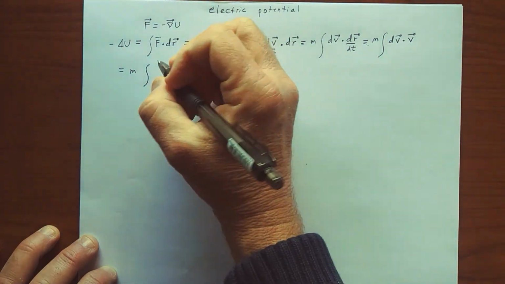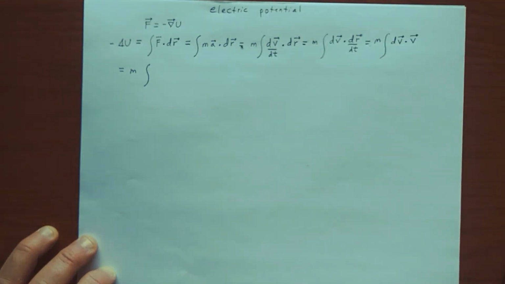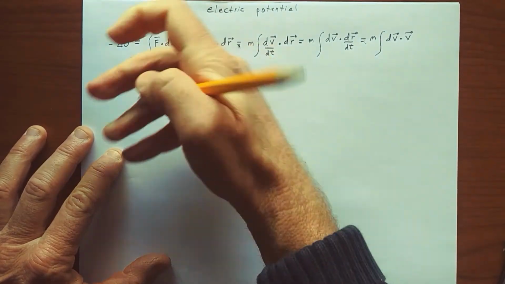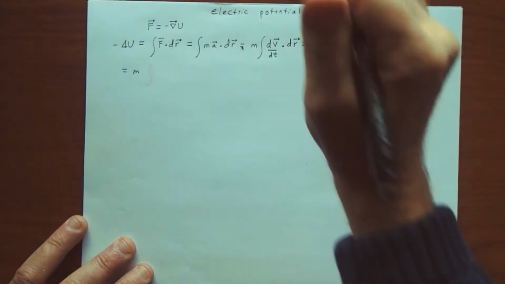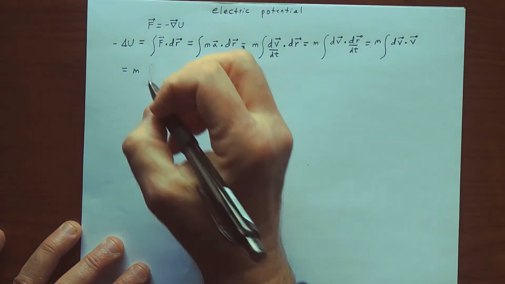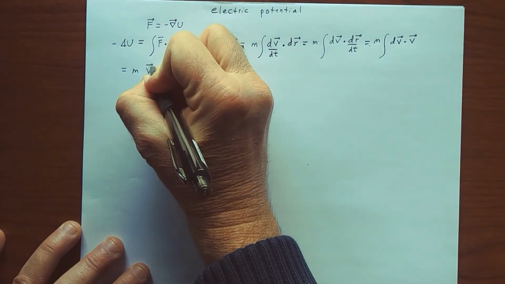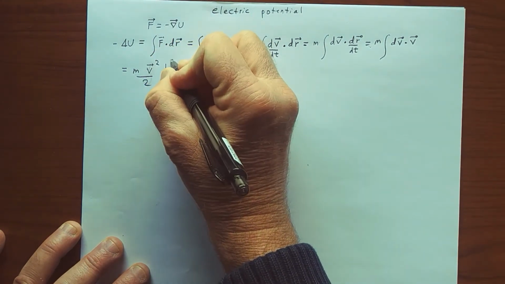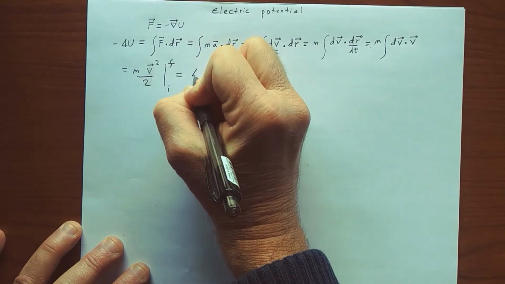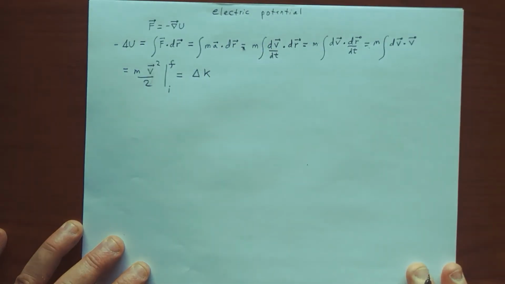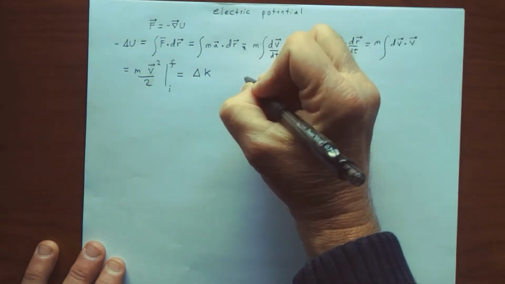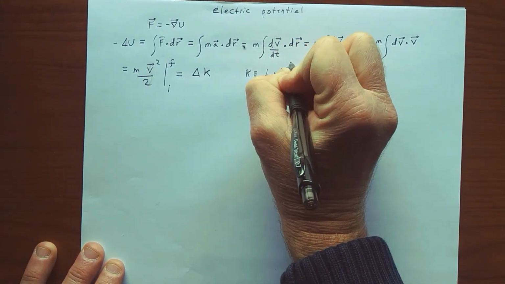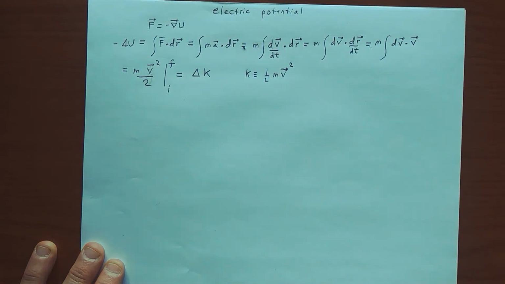We are ready to evaluate the integral. So that's an integral in velocity, so we get mv squared over 2, and that gets evaluated from some initial to some final point, and of course that's the difference in a quantity we call the kinetic energy, where K is defined as 1/2 mv squared from our physics 1.